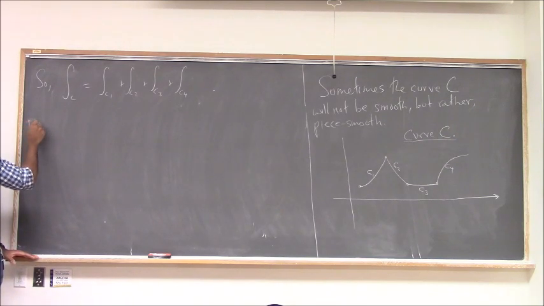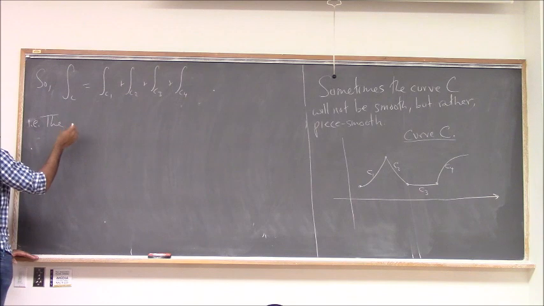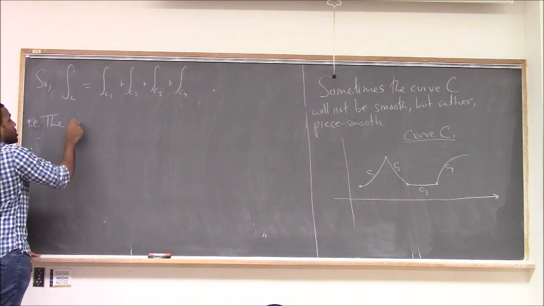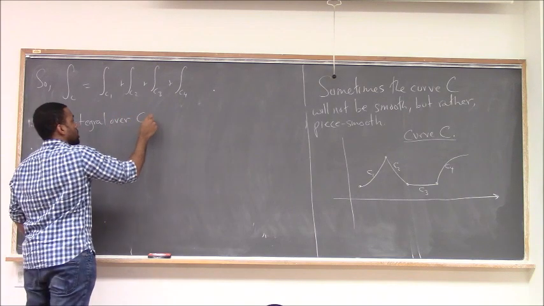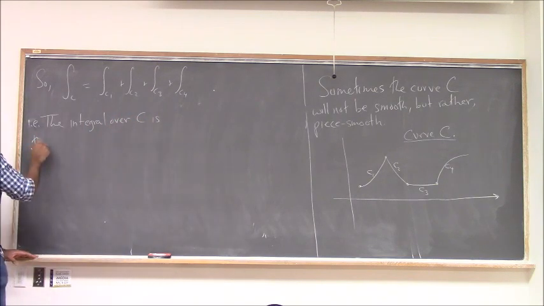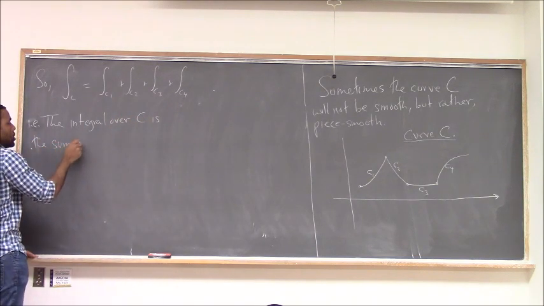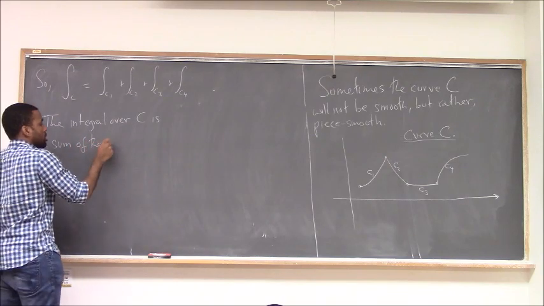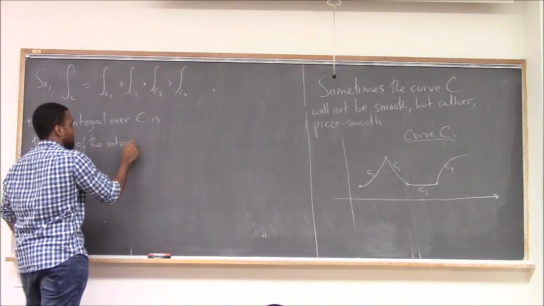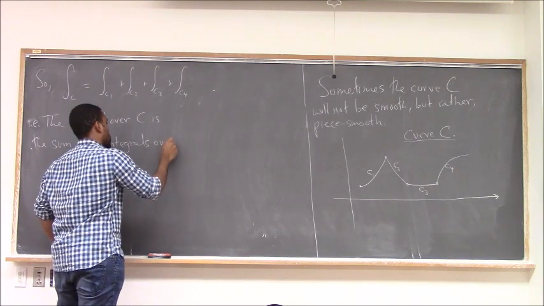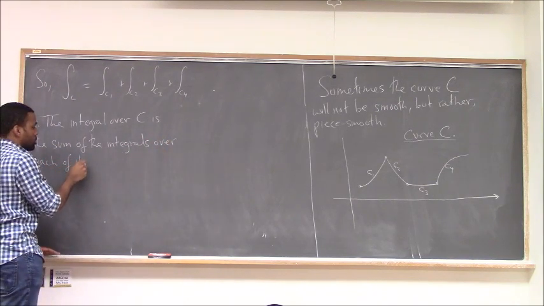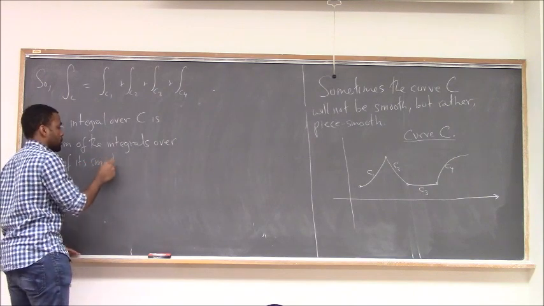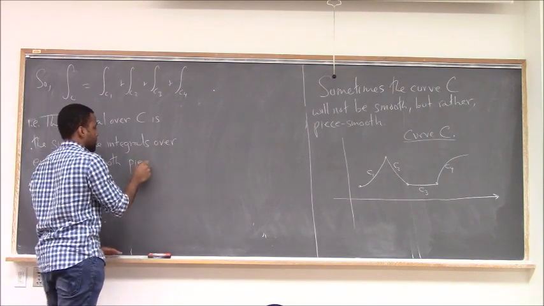That is, the integral over C is the sum of the integrals over each of its smooth pieces.